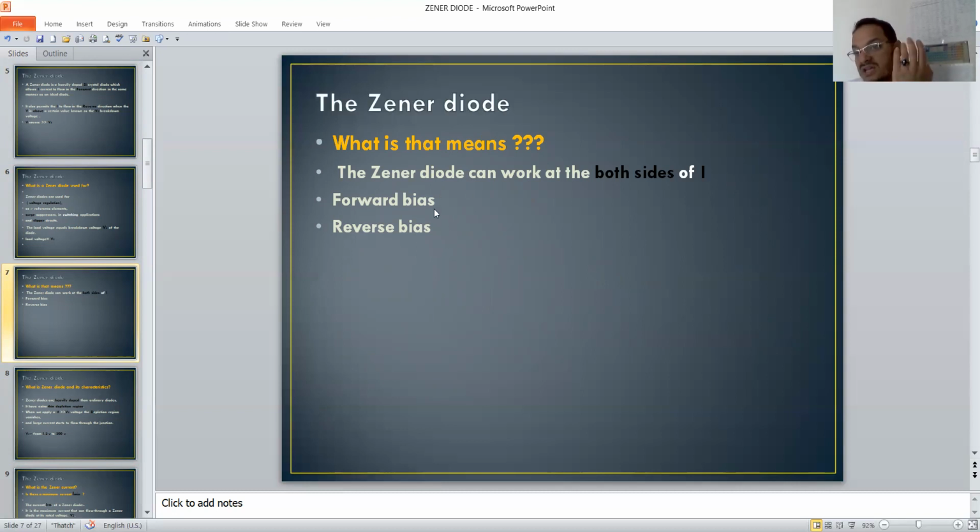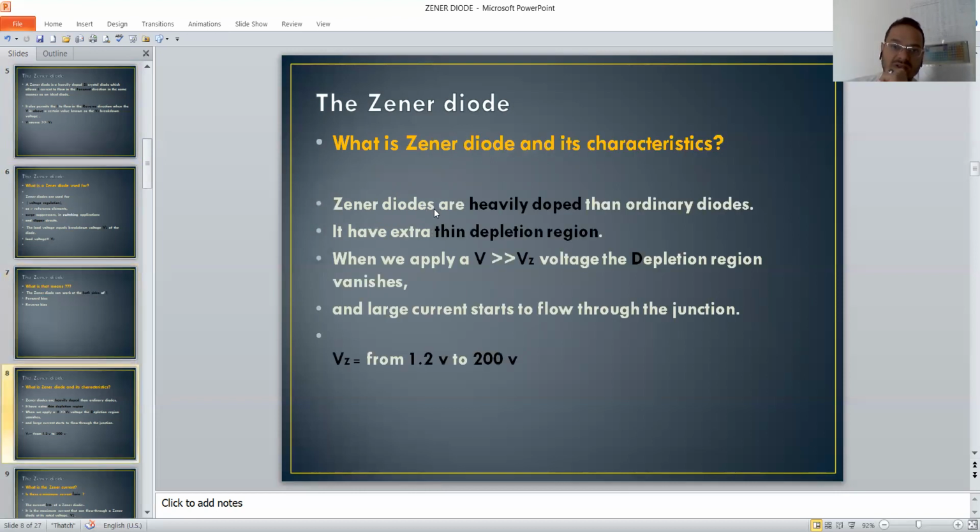At forward bias, like any ordinary diode, if we don't have an ordinary diode and between our hands we have a Zener diode, we can use it instead of a normal diode, and at the same time we can use it at reverse bias and benefit from its feature, which is acting like a voltage regulator, and we will see why in the next slides.